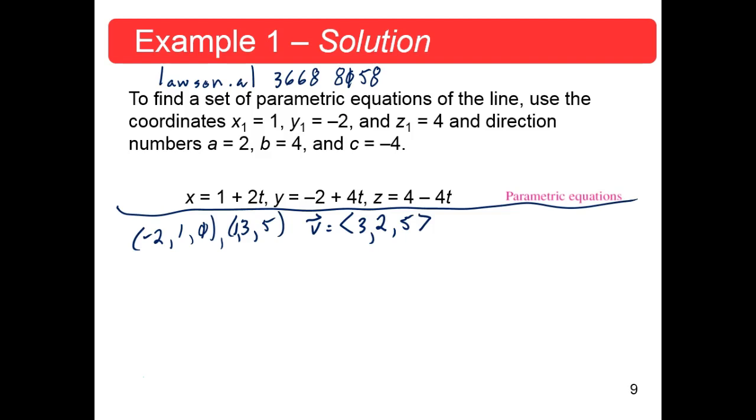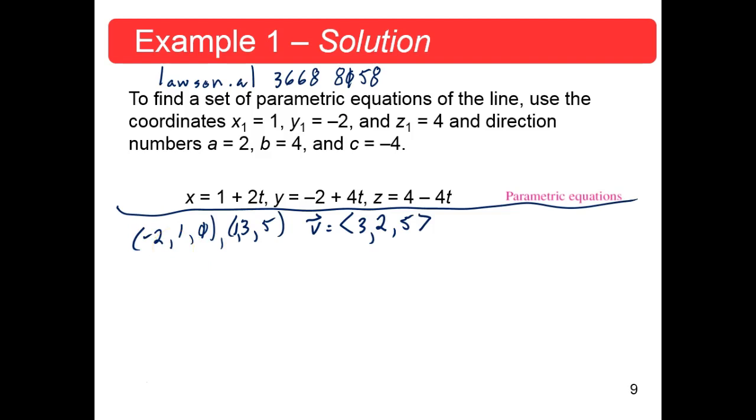That's what they're asking for. Find the set of parametric equations of the line that passes through those 2 points. We've got the vector, and remember they said a line parallel to that vector that passes through any point, either one of those two, and they happen to choose the first point, which is fine to choose. There's nothing wrong with it.